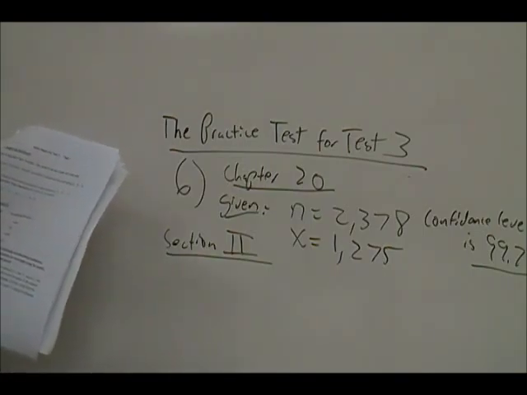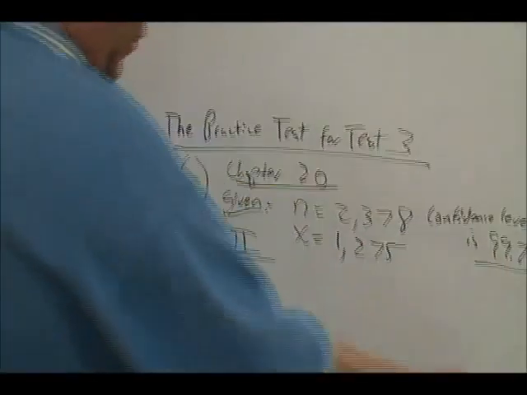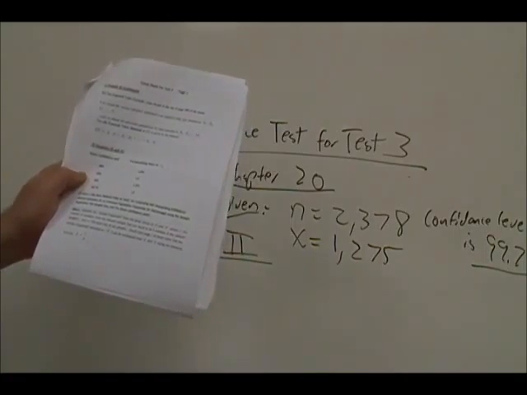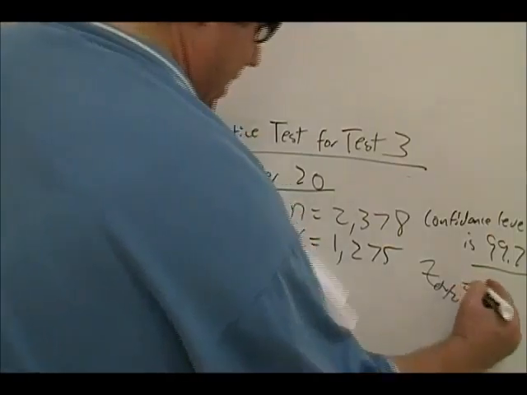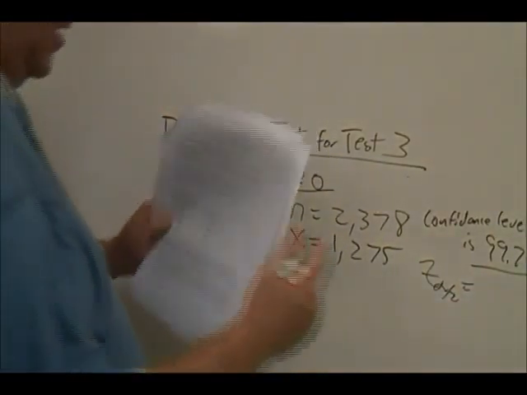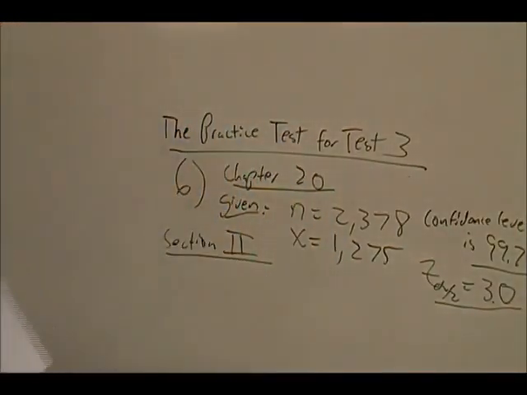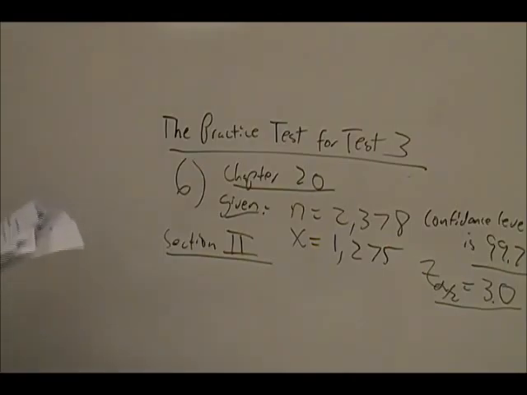If you look at that chart, the critical value for a confidence level of 99.7 is Z alpha over 2 equals 3.0. So that's the critical value, Z alpha over 2, that corresponds to 99.7%.